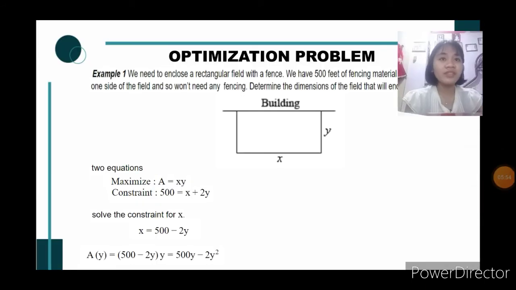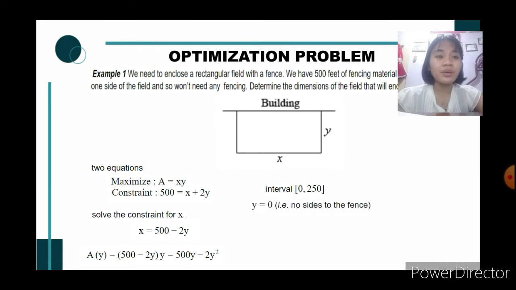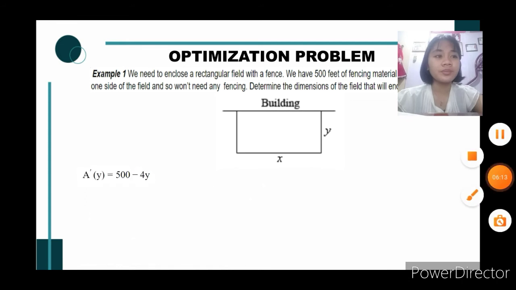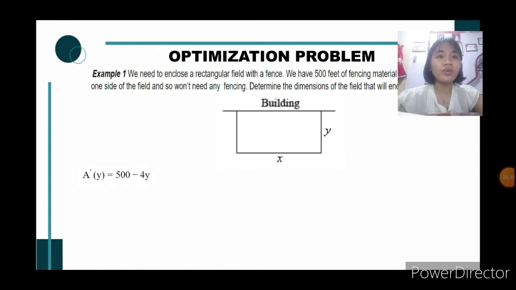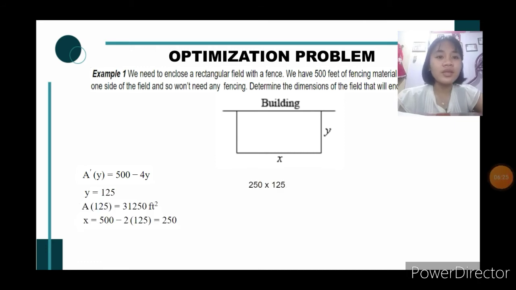And then we'll have the dimensions since this is what the problem is asking for. We can get the x by plugging in our y into the constraint. So, x now is equal to 500 minus 2 multiplied by 125. We'll get the value of x is equal to 250.